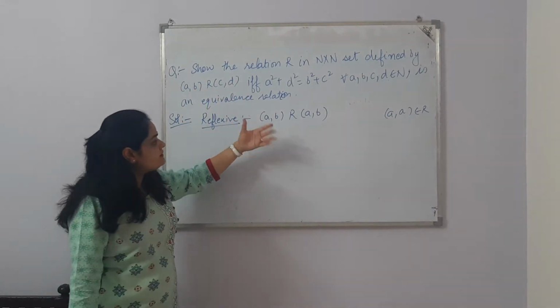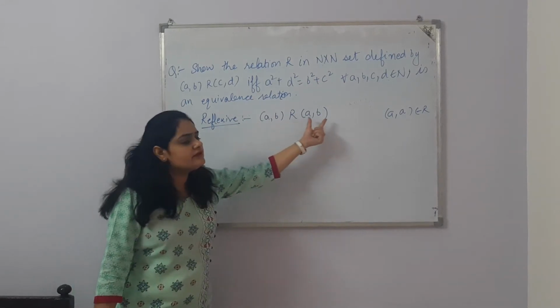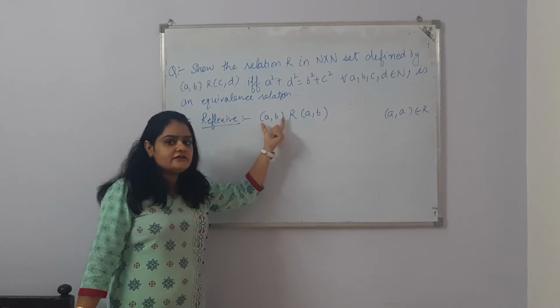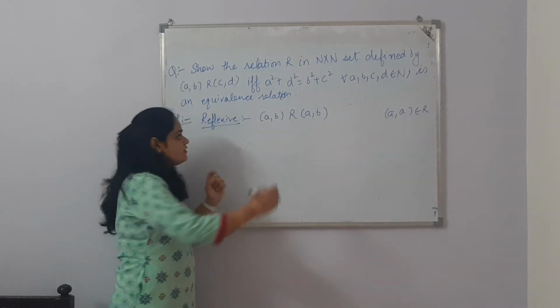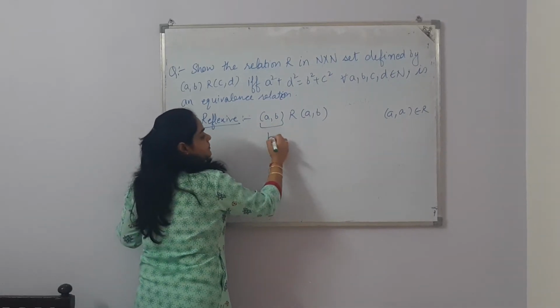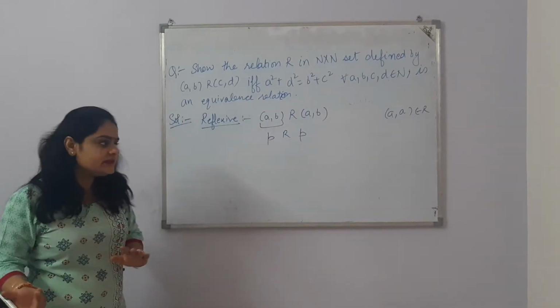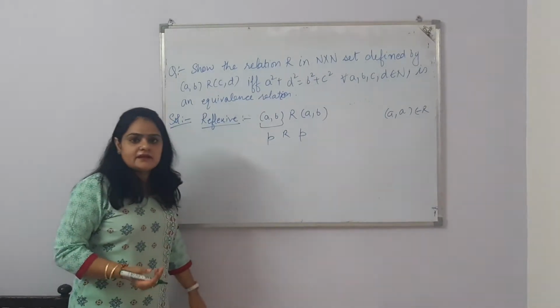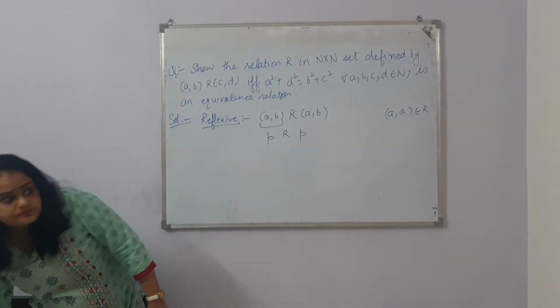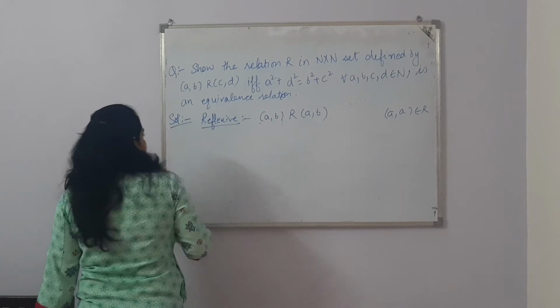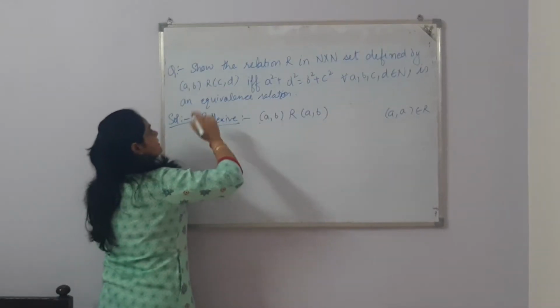So we can say (A, B) is related with (A, B) for reflexive, because A is related to A. If this is P, P is related with P. We can say now (A, B) is related with (A, B).